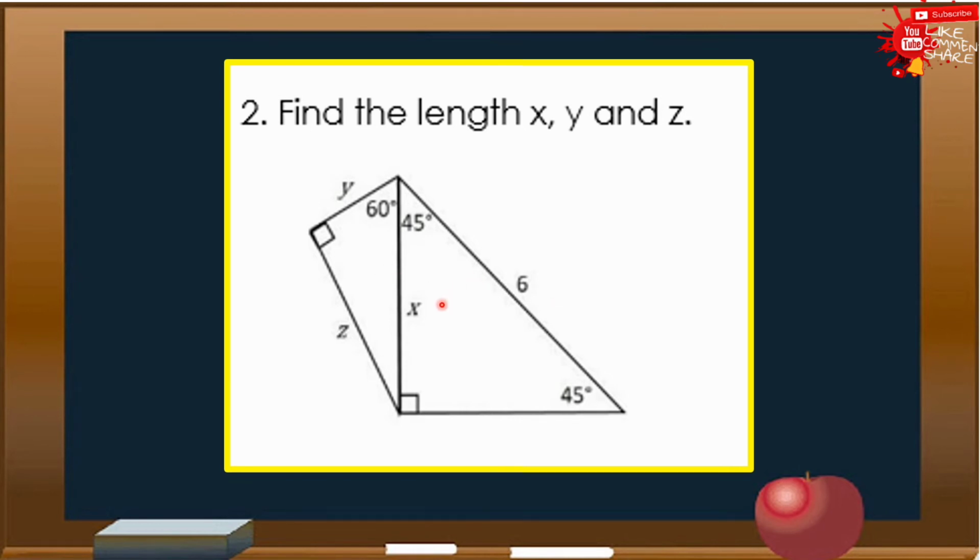Then, kapag nakuha natin to, yung legs ng isosceles, makukuha na natin ang shorter leg. At ito naman ay hypotenuse. The long leg. Longer leg. Yung x natin naman dito, ito yung hypotenuse ng 30, 60, 90. Okay, tingnan maigi. At meron din po akong example dyan.